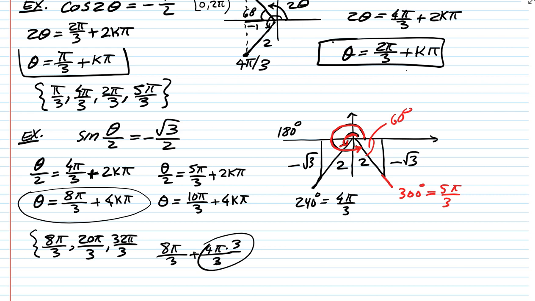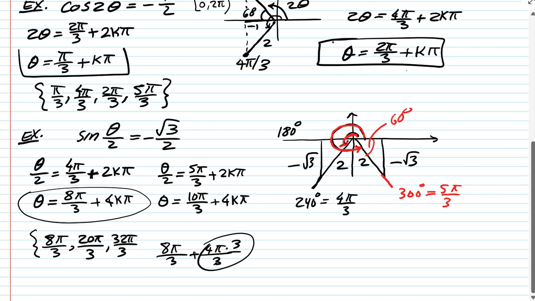When do I reach 2 pi so I can stop? Well, 30, yeah, if I go one more, 32, yeah, because I'm thinking 2 pi, right? 8 pi over 3. Let me think.